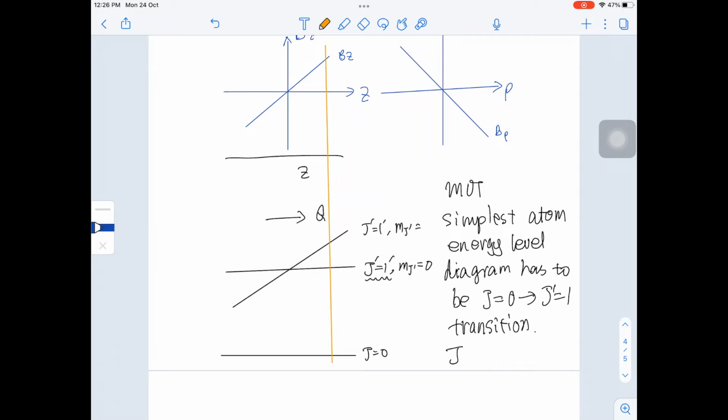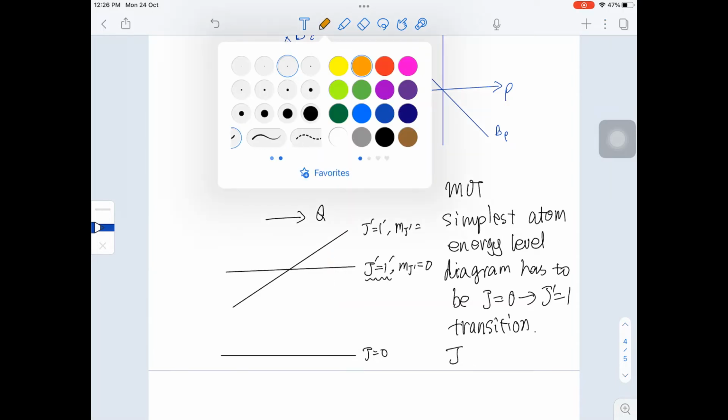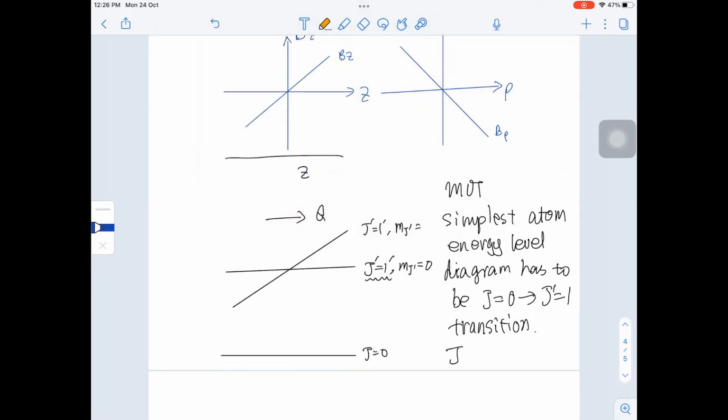Let me use a dashed line as a helper line to illustrate. Let's say this is a point. Here is another line. Okay. This is point A, this is point B. Okay. At point A, we know B field is positive, and therefore this is 1.